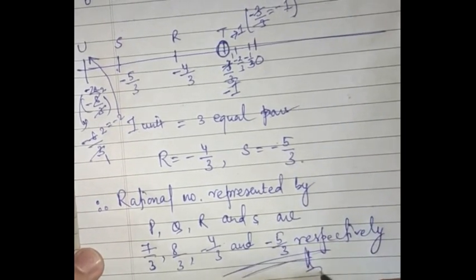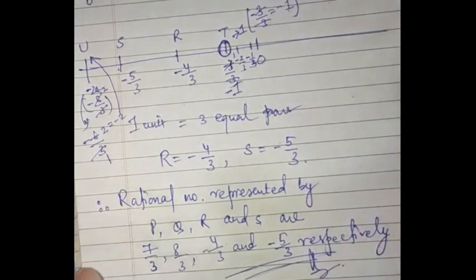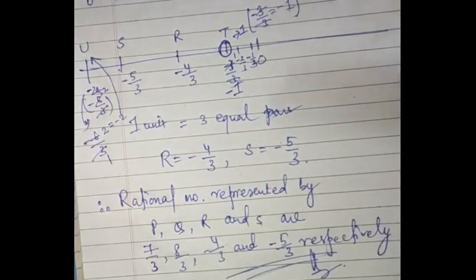Alright, I hope this is clear. This is an easy one, no? So first of all you have to understand in how many equal parts it is divided. In such a manner we are going to solve this problem. Okay, so let us proceed to the next one.